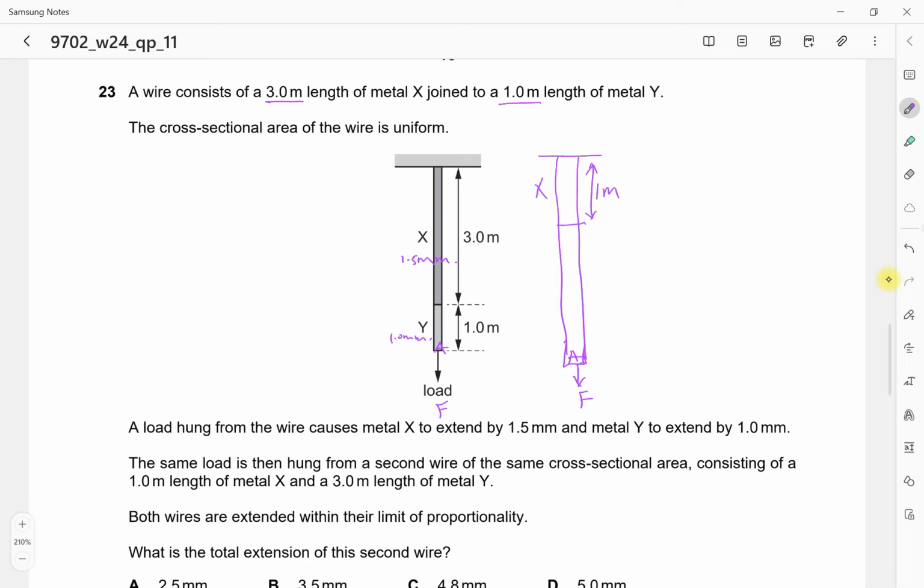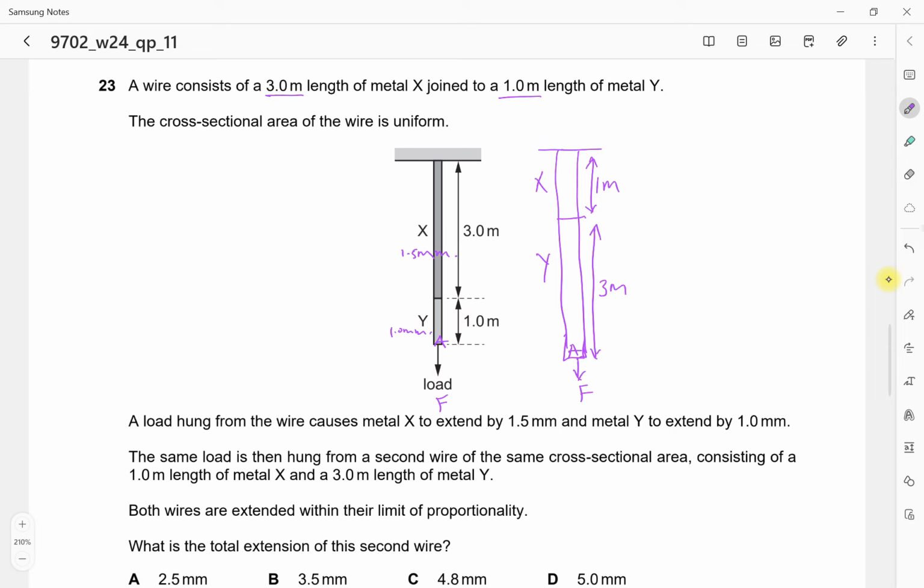And 3 meter length of Y, so now Y is the one which is 3 meters. Both wires are extended within their limits of proportionality. What is the total extension of the second wire?